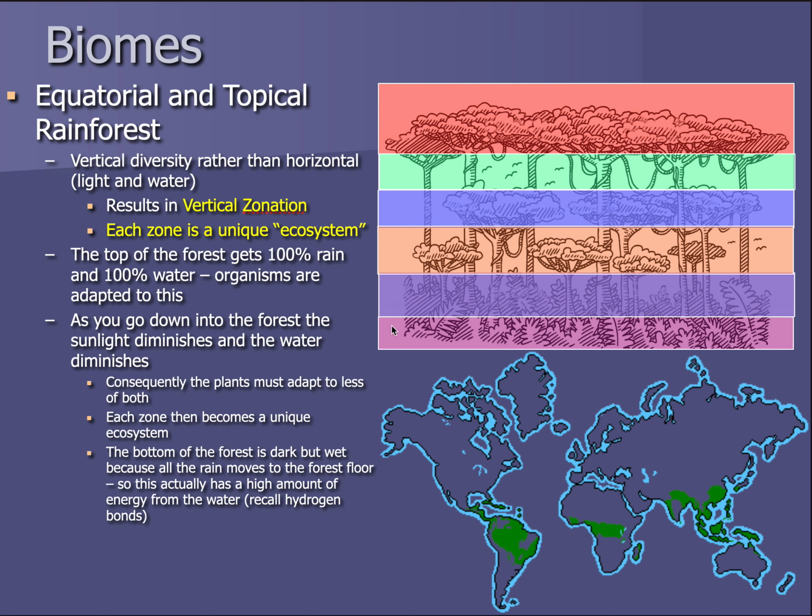We're not getting a lot of sunlight whatsoever, but remember, all of this moisture is finding its way down these tree trunks, and the bottom here is really lush with moisture. So we have a high moisture volume down here. It's dark, but it's wet. All right, so this is the nature of the structure. It's vertical zonation, all right, guys?